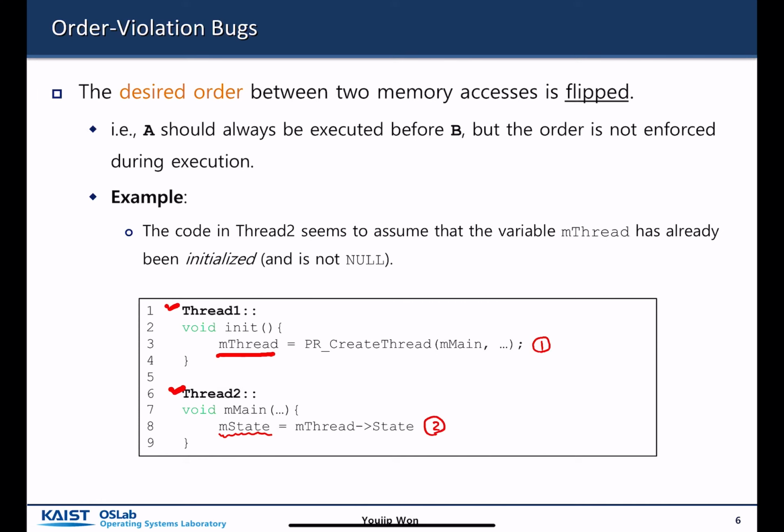The code in thread 2 seems to assume that the variable mThread has already been initialized and is not null. But in this part of the code, there isn't any feature that enforces the order of execution between the two threads.